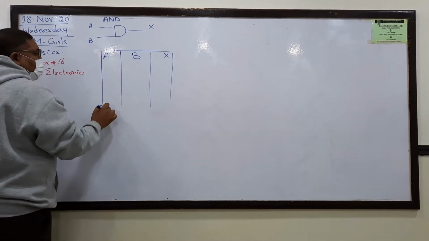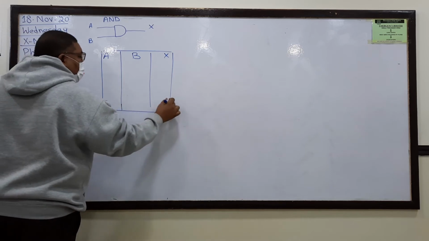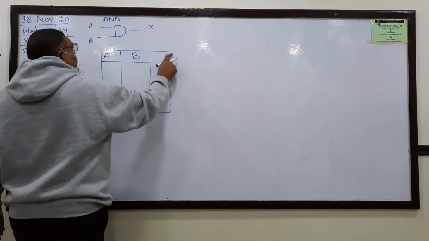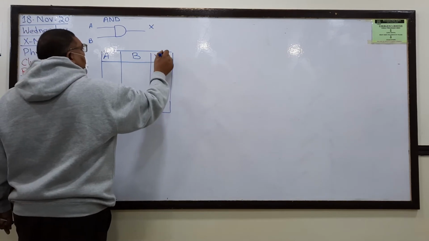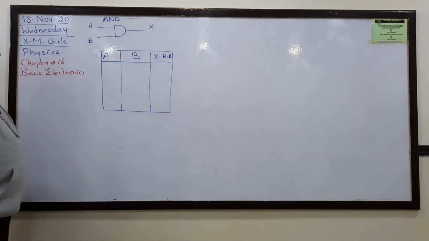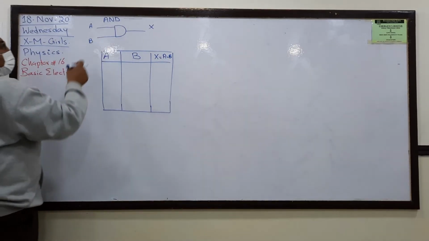So, the X which you got here is equal to A multiply B, and this is the circuit symbol.